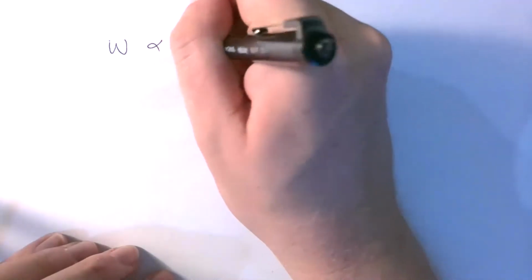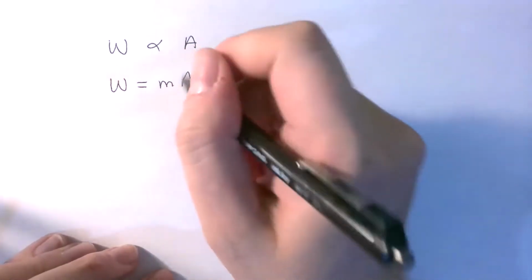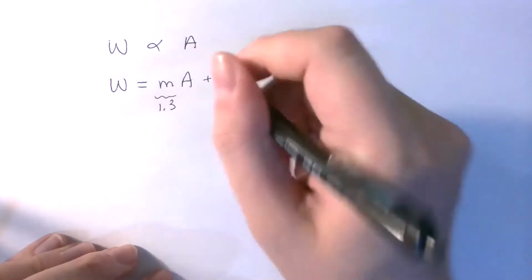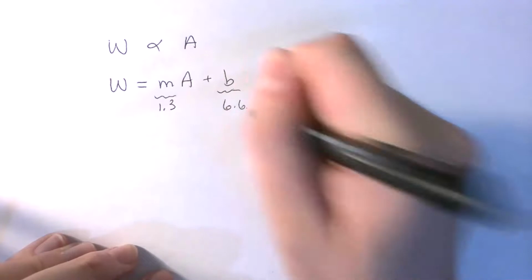We're going to write here that W was proportional to A. So W equals MA plus B, where M was approximately 1.3, B was approximately 6.6.